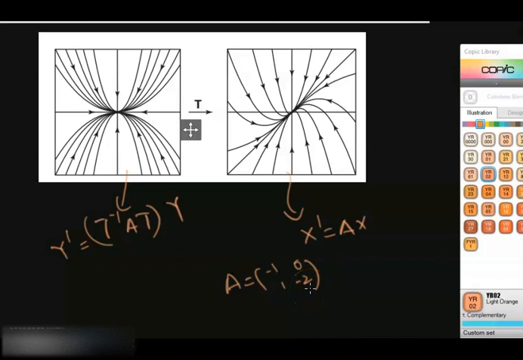So you can see that in both the cases the trajectories are moving towards the origin, so both are sinks, just the difference is of the direction. So this is the original x prime equal to Ax version, and this is the transformed version y prime equal to T inverse AT y. Okay, so this is the solution for T inverse AT y, or the one in the canonical form. So this is the canonical form version.